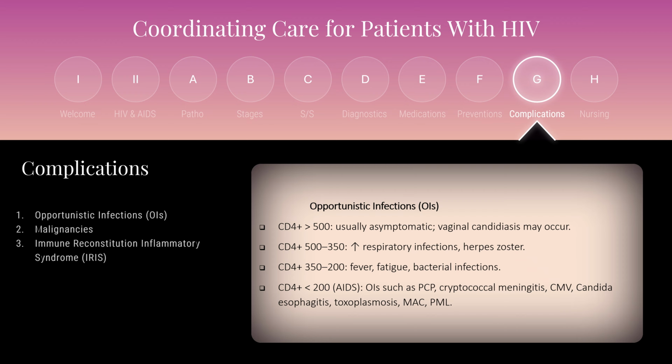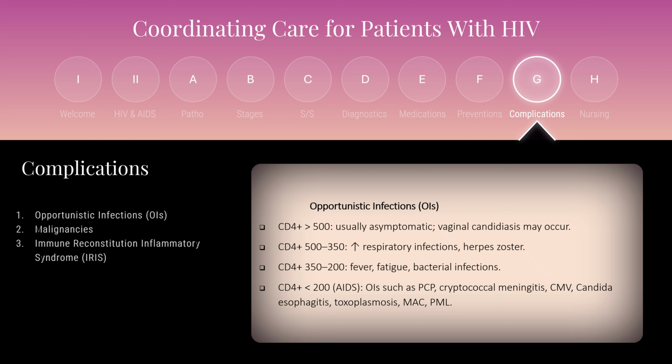So the opportunistic infections are such as PCP, cryptococcal meningitis, CMV, Candida esophagitis, toxoplasmosis. Then malignancies associated with advanced immunosuppression, for example, Kaposi sarcoma, lymphoma.